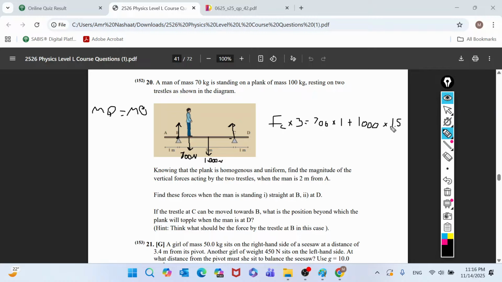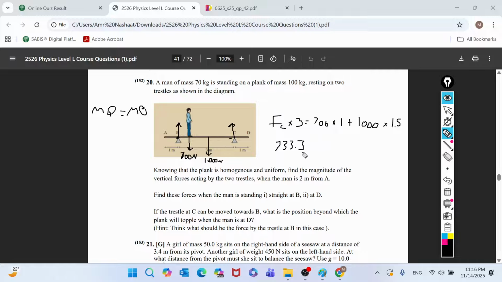Guys, you solve that on your calculator. You're going to get 733.3.